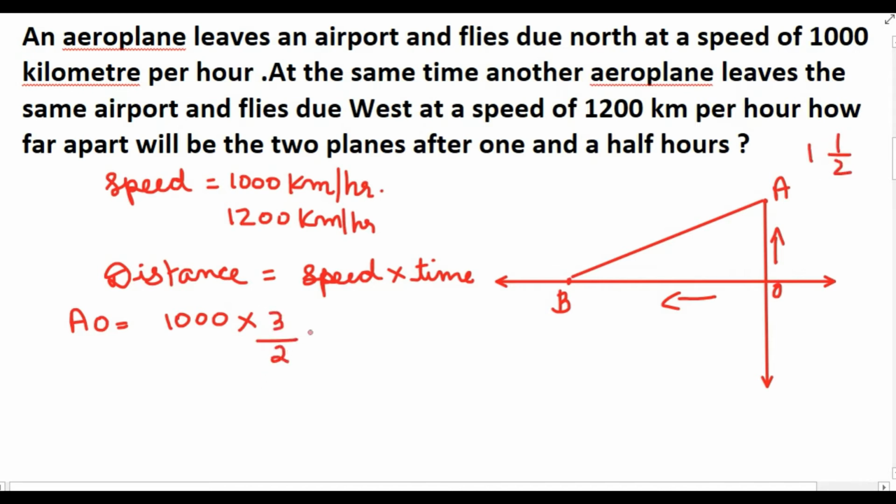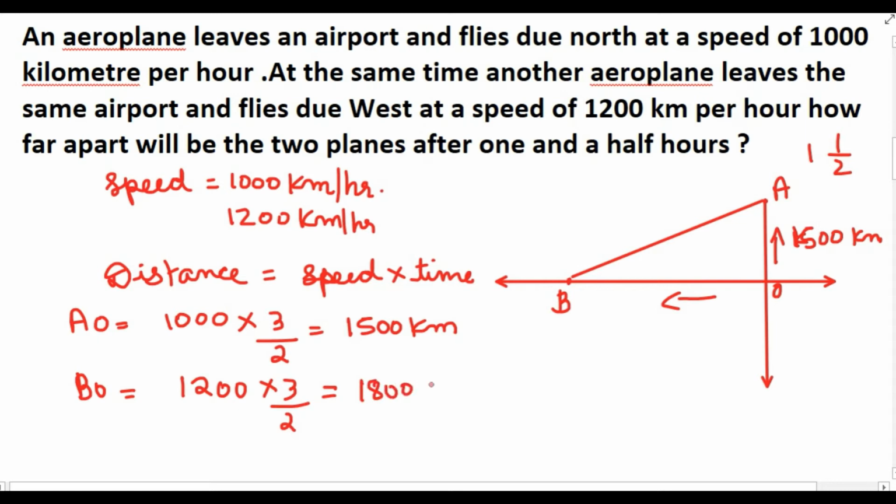So I'm going to multiply 3 by 2, which is nothing but 1500 kilometer. AO is 1500 kilometer. In the same way, I'm going to find out BO. Here the plane which is traveling towards west direction has a speed 1200. We are going to multiply with the time so that we will get the distance as 1800 kilometer.